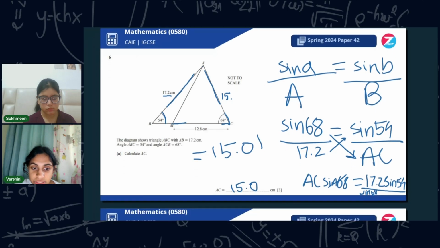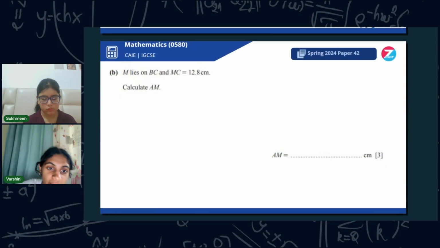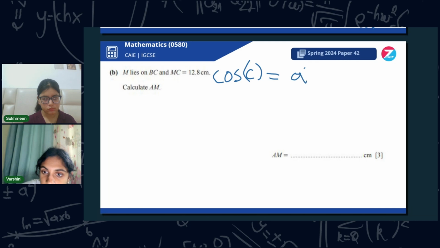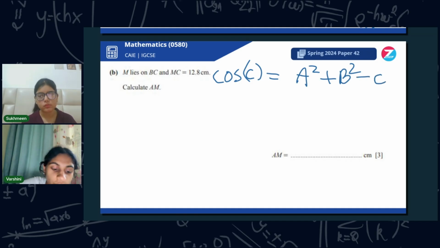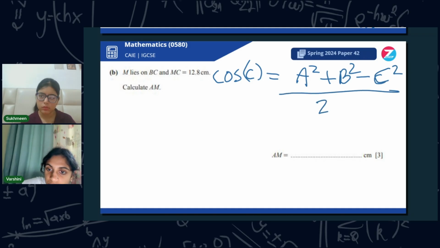So for this, we can use the cos rule where we know that cos of C, or lowercase c, is going to equal a squared plus b squared minus c squared divided by 2ab.